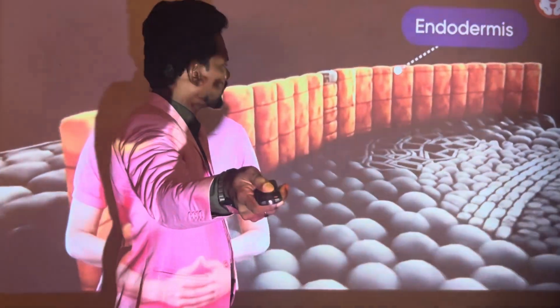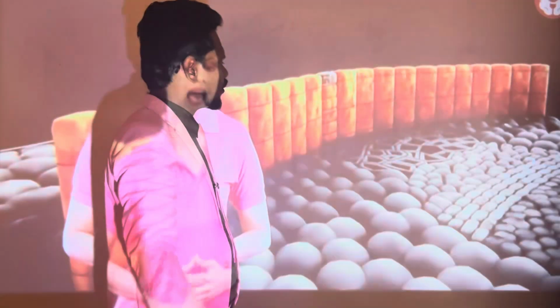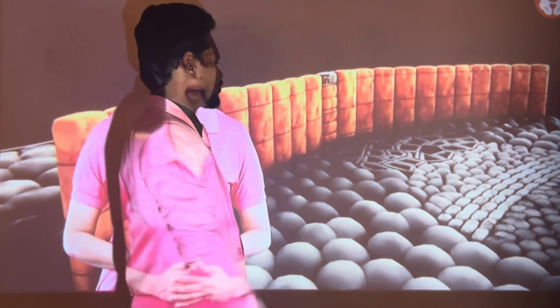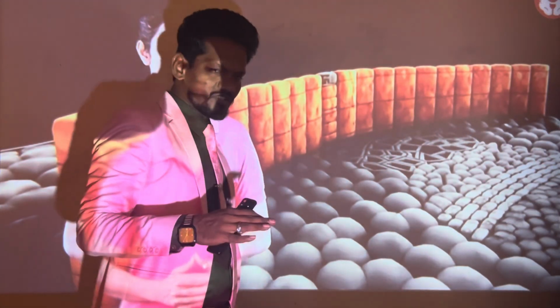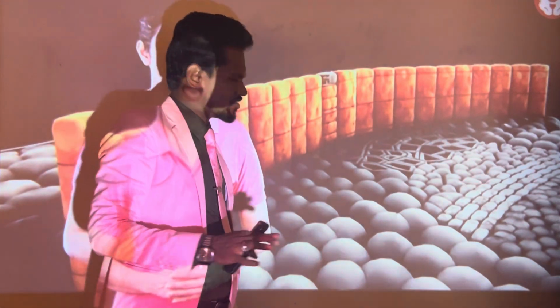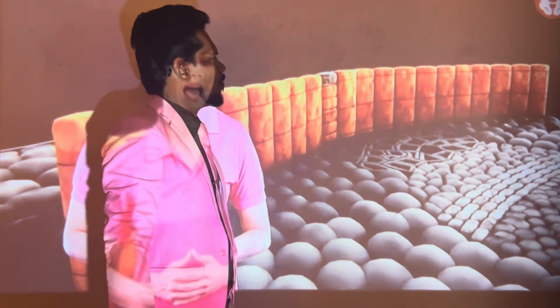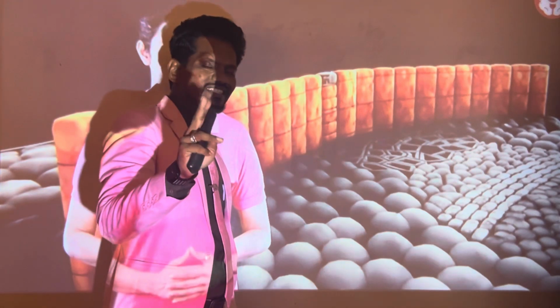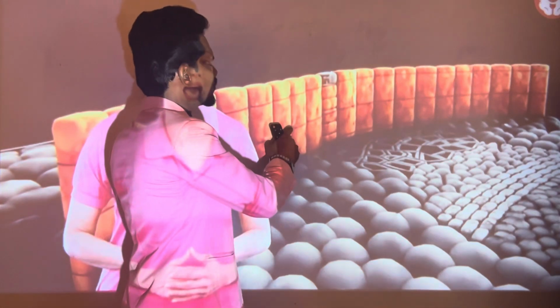Then followed by endodermis, same like in root structure. The innermost layer of the general cortex is transformed or differentiated into a single layer of compact cells arranged without intercellular space, known as endodermis.